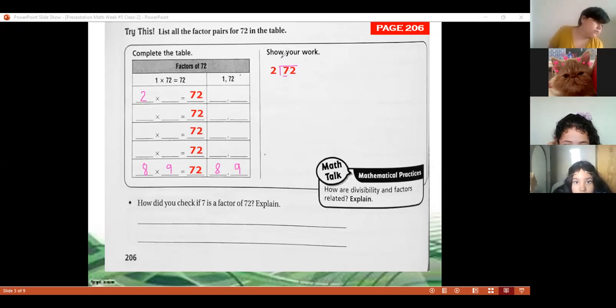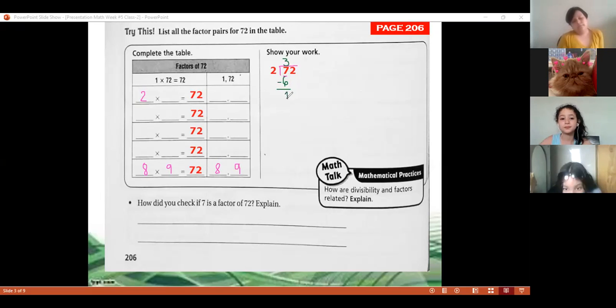2 times 3, class. 2 times 3 equals 6. Now we subtract 7 minus 6. 1. Okay, and now you put down the next digit, which is 2. And you say 12. 12 divided by 2, class.